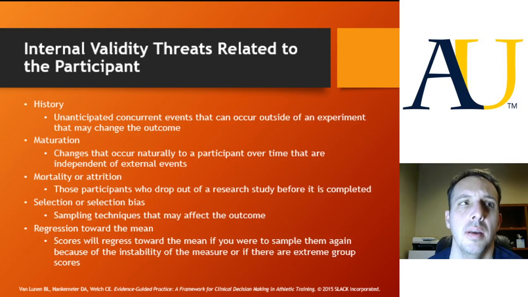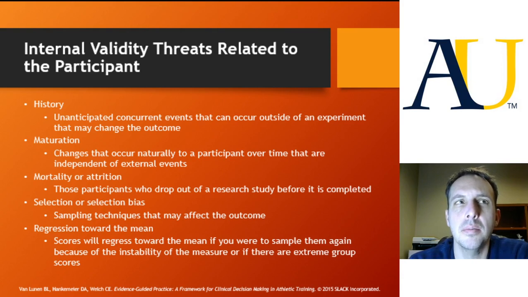So when we look at threats to internal validity, a lot of this is going to be based off of the fact that we are testing humans, and so we have an increased amount of variation that can occur. The first threat that we classify is one of history.